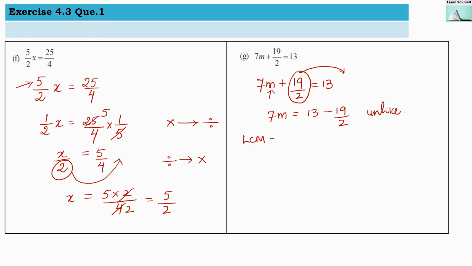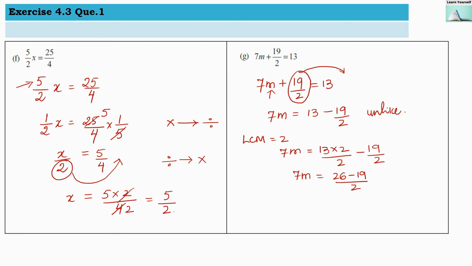Our LCM is 2, so we multiply 13 into 2 divided by 2, minus 19 by 2. So we get 7m equals 26 minus 19 divided by 2.